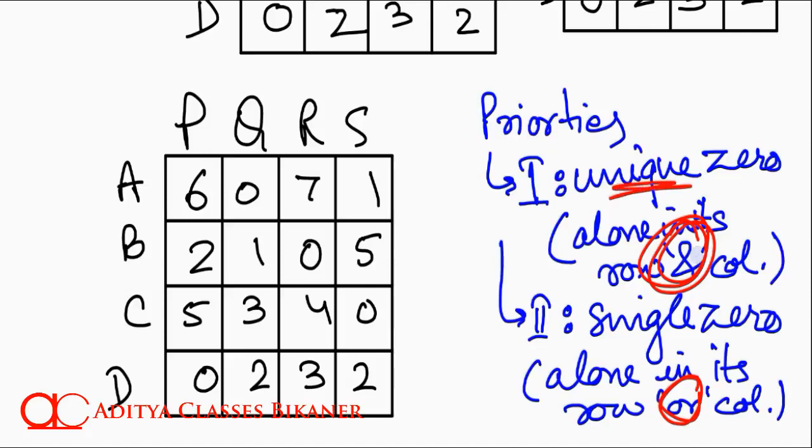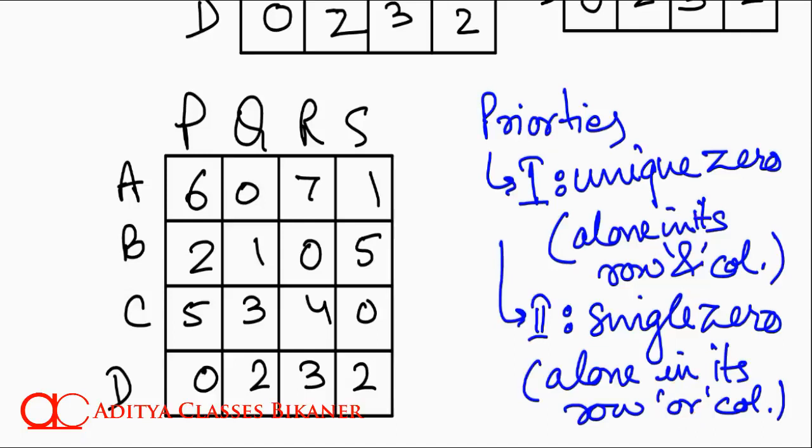Unique is one who is alone in its row and in its column, while single is someone who is alone in its row or column. It is not necessary to be alone in both row and column. It can be alone in either of those. So these are the two priorities.